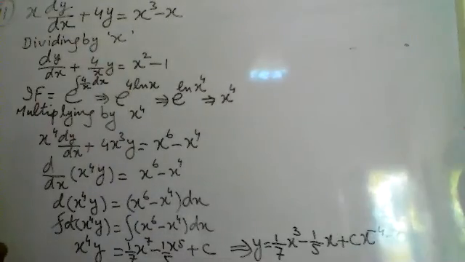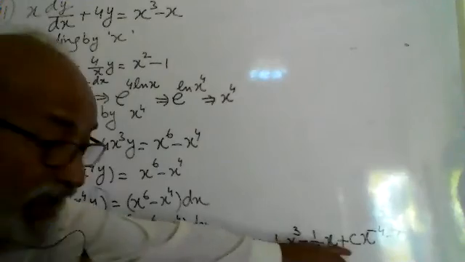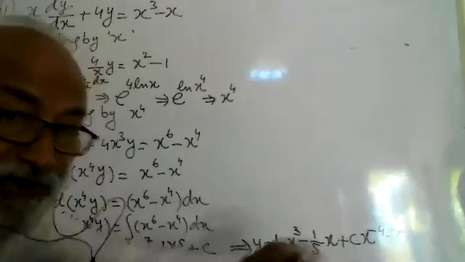This is the answer. This is also correct. You may write any one of them: c x⁻⁴.